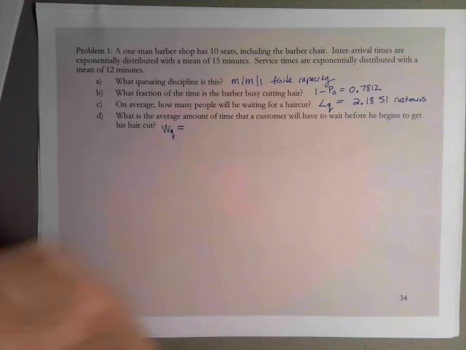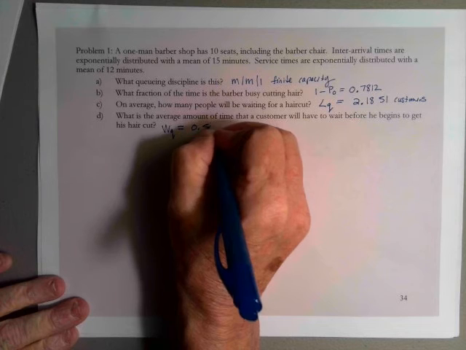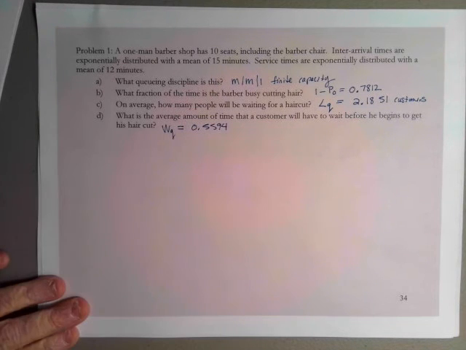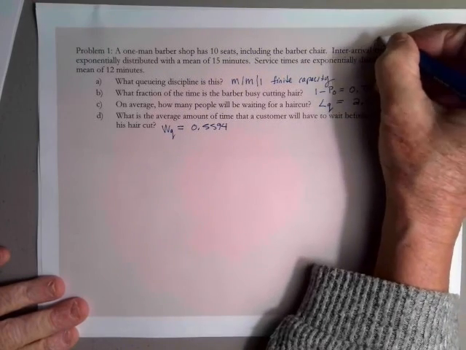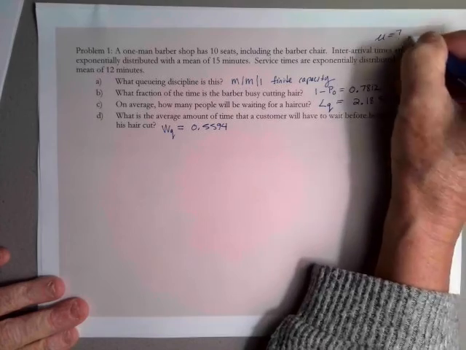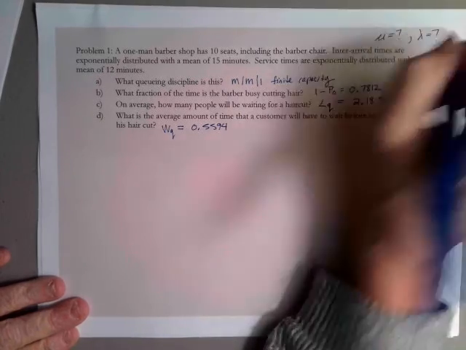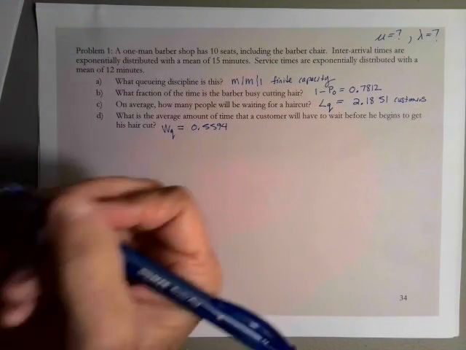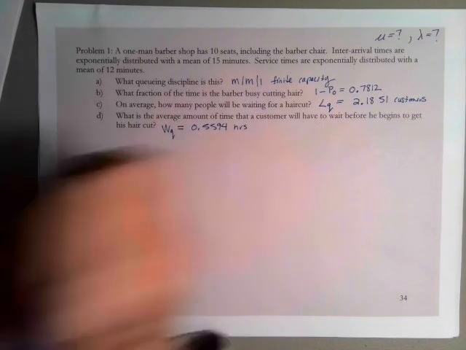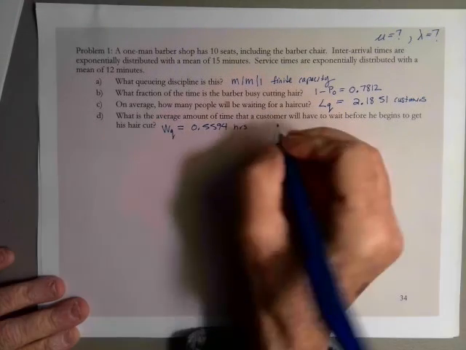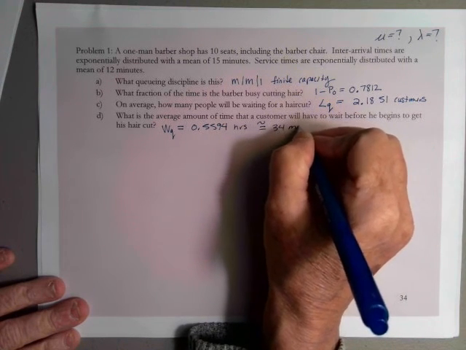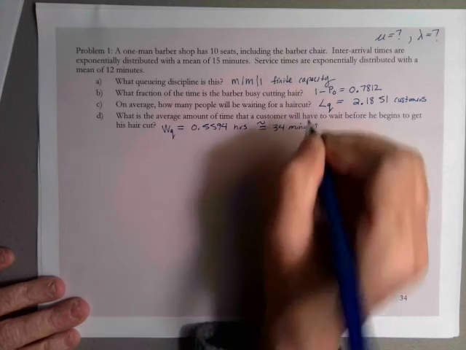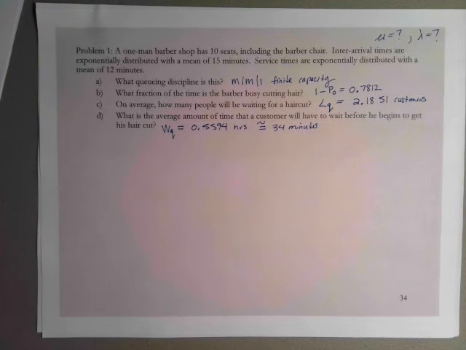The waiting time in the queue is going to be 0.559495, for what units depends on how you identified mu and lambda. If you did it in hours, that's the waiting time in hours, and in minutes it's approximately 34 minutes, which is about right if you go to a Supercuts or something like that.